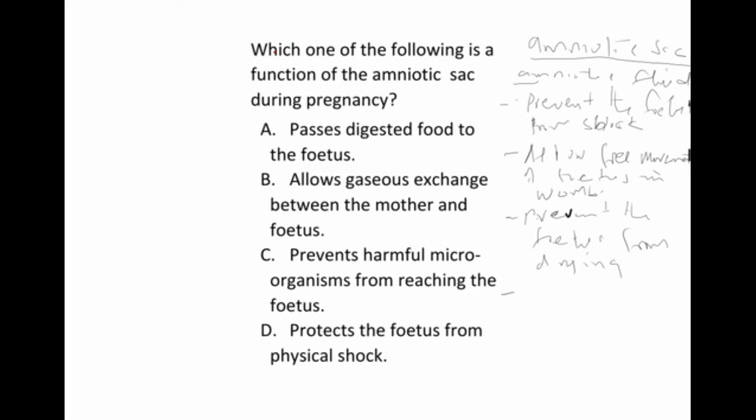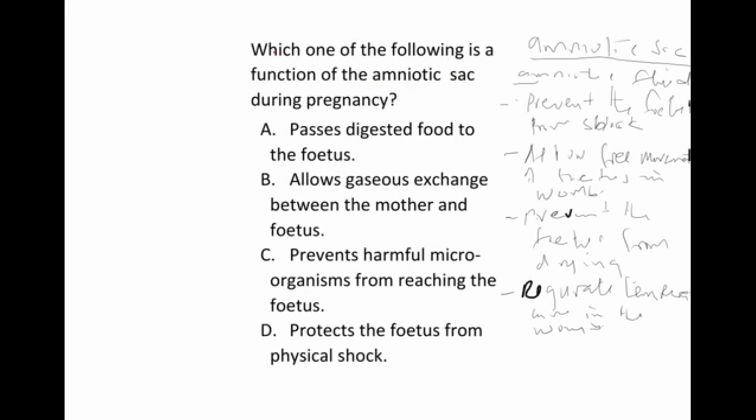The other one is that it regulates temperature in the womb. So those are some of the functions of the amniotic fluid in the womb or in the uterus that is contained in the amniotic sac.